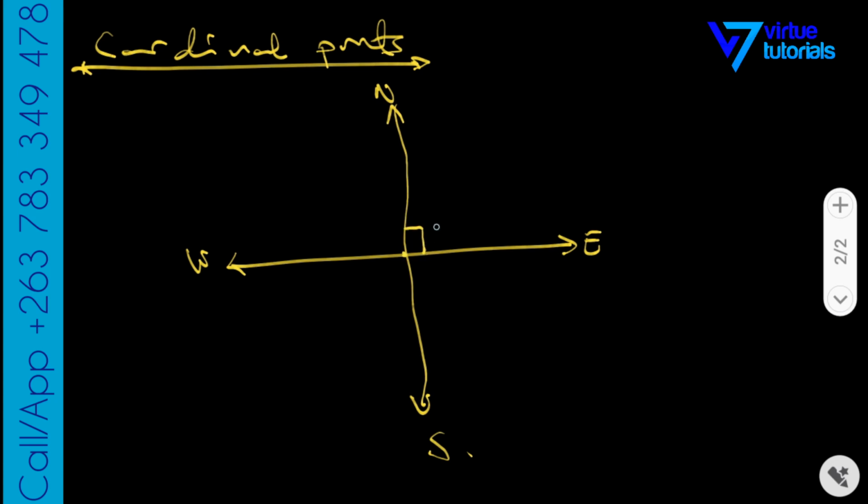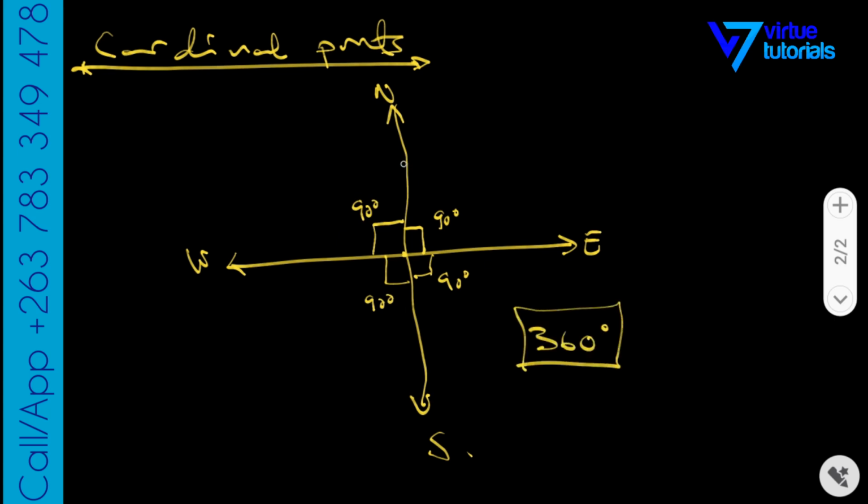From east to south, there's 90 degrees. From south to west, there's 90 degrees. And from west to north, there's 90 degrees. So 90, 90, 90, 90, the whole thing gives you 360 degrees. From north all the way around back to north, that's 360 degrees. That's very important that you understand that. From north to south is 180 degrees.